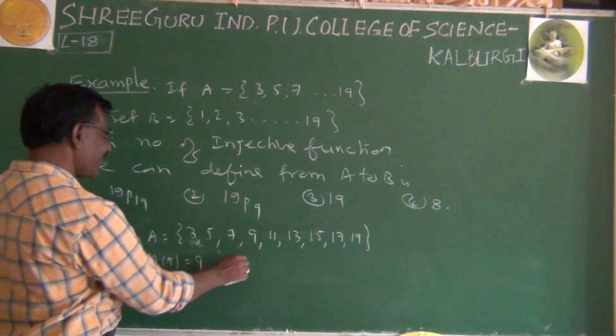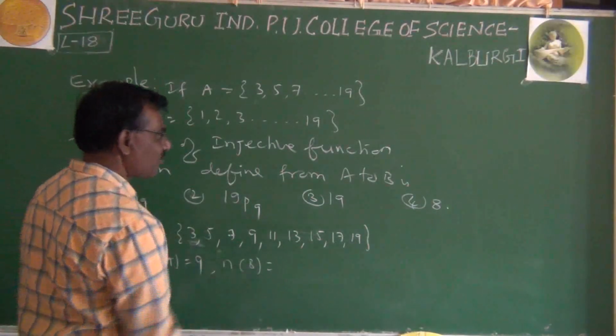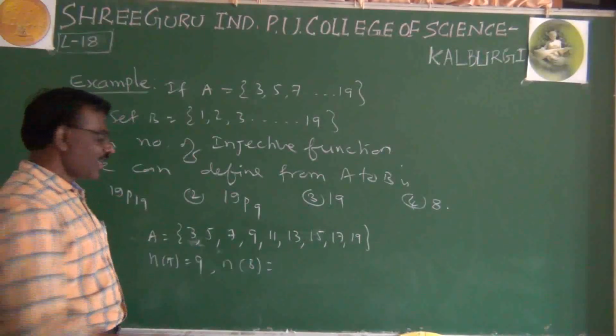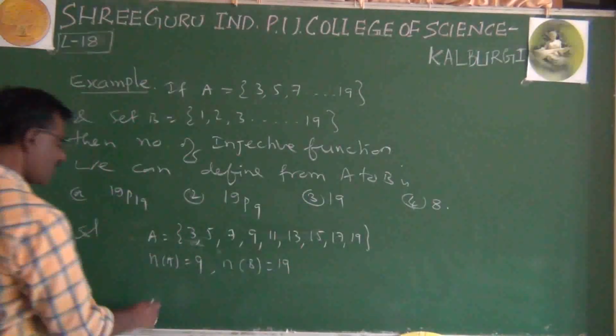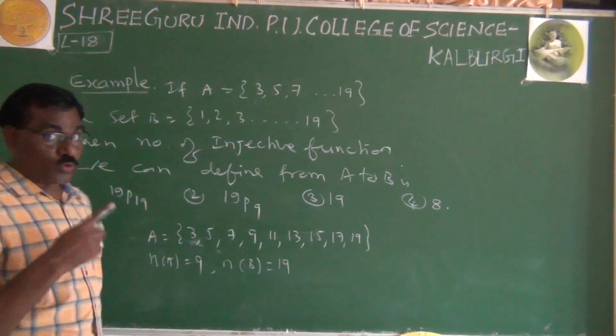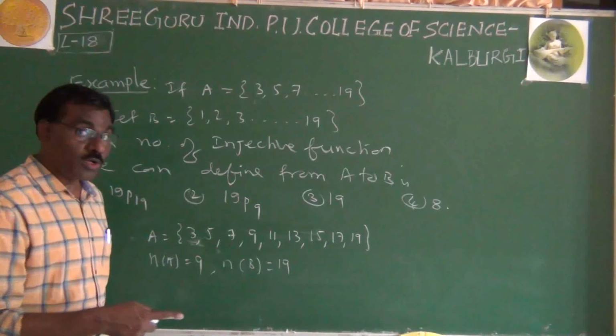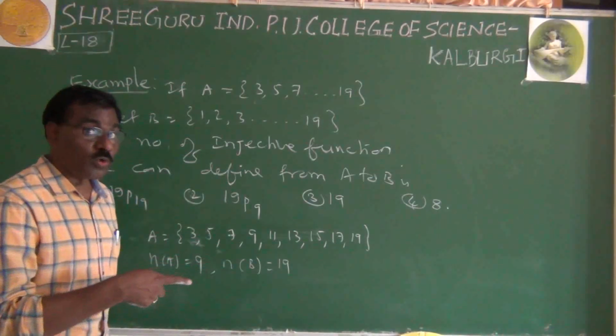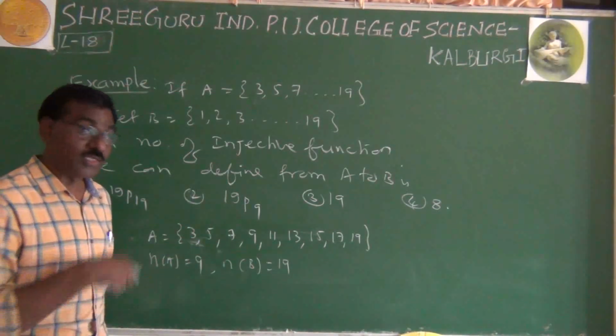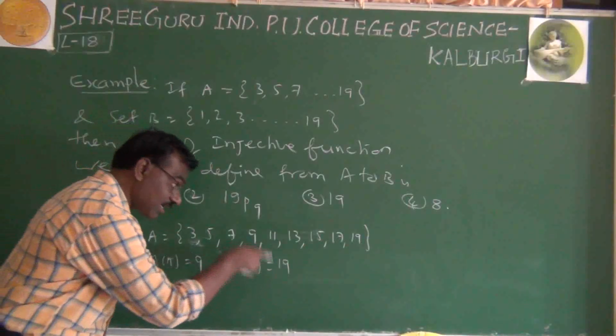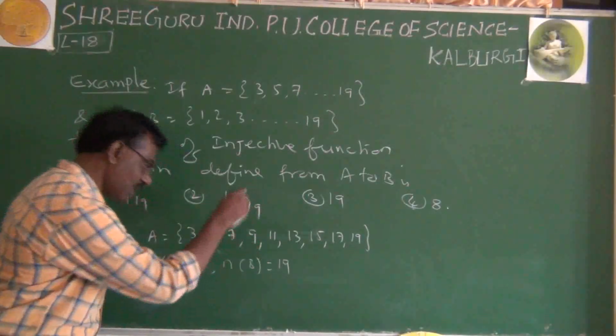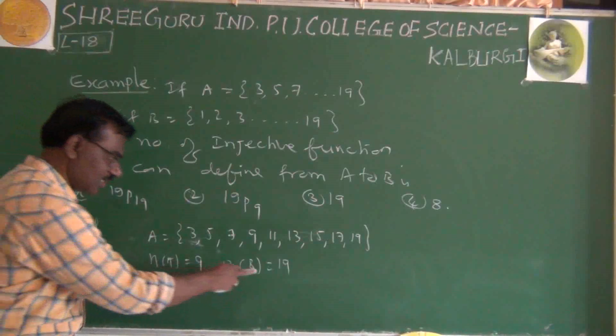So what is n of B? It is the natural numbers from 1 to 19. I think this is 19. So which is it, A to B or B to A? A to B बोले तो B में ज़्यादा रहना है. I think this is m, this is n.